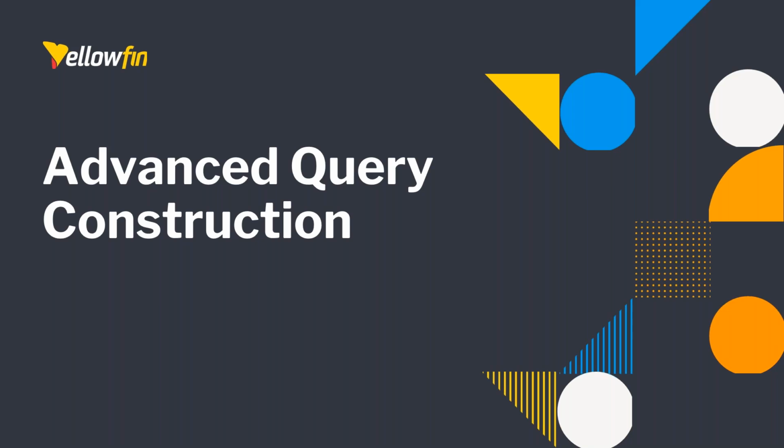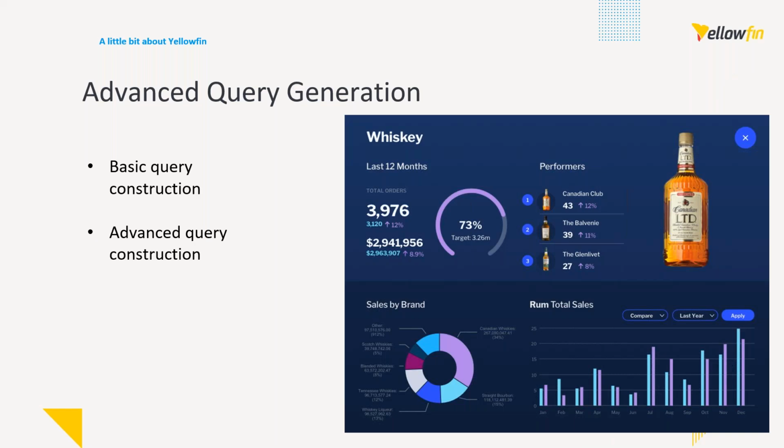Let's now look into another Yellowfin feature, advanced queries construction. Before we explore the intricacies of constructing advanced queries, let's look into how advanced queries generation is automated in Yellowfin.